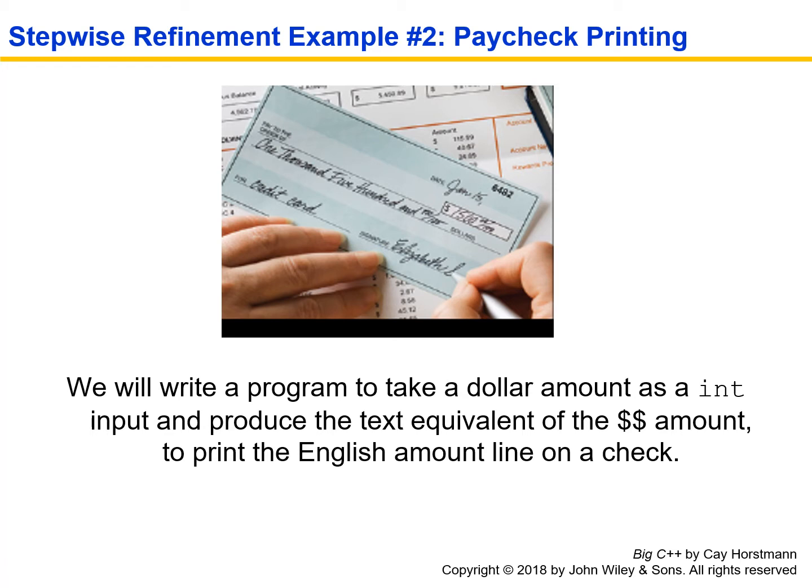So if we have an electronic bill pay software where the user types in an amount, $556, it has to be able to generate the words for 556 from the integer that you type.